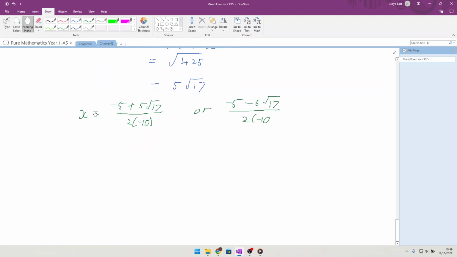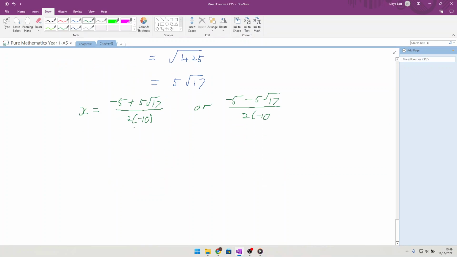Working out both of these on the calculator, minus 5 plus 5 root 17 divided by minus 20 is 5.15, or we can have minus 5 minus 5 root 17 and dividing that by minus 20 gives us 1.28.